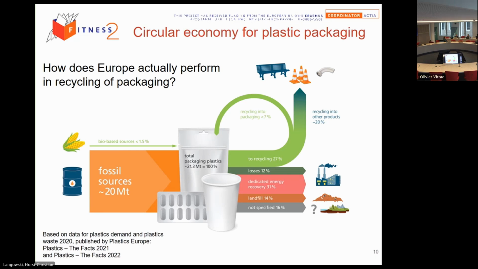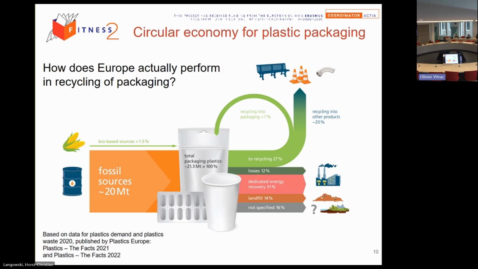Finally, if we look for a circular economy, the question is, will there be a big success? Well, if we look at today's performance, you see that in Europe, we recycle about 7% of all plastics back into packaging, and a lot of products down here still go somewhere where we don't know what really happens with them.